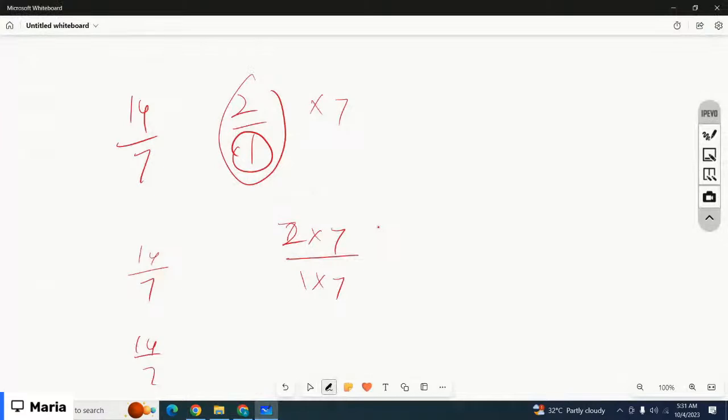When you multiply this fraction by 7, they are both exactly the same, right? By making their denominators the same, if you get the same numerator also, that means the ratios form a proportion, right?